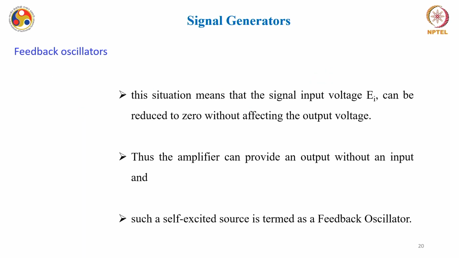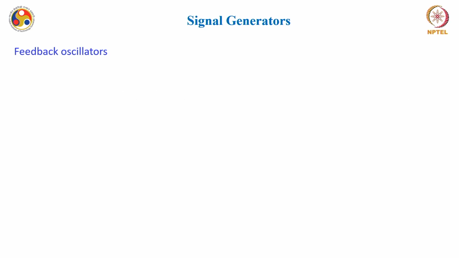Now the physical meaning of this is that the signal input voltage Ei can be reduced to 0 without affecting the output voltage. Therefore, the amplifier can provide an output without having any input, and such a self-excited source is termed a feedback oscillator.